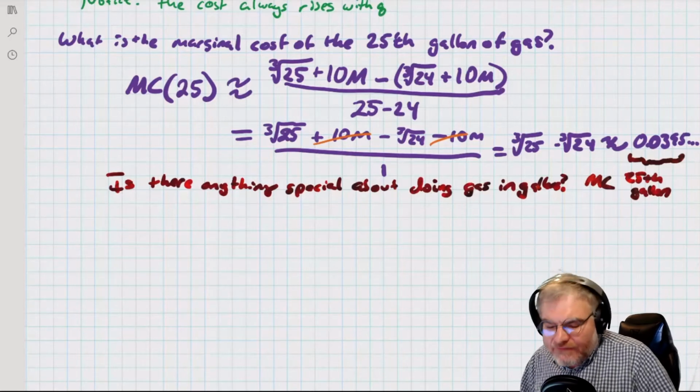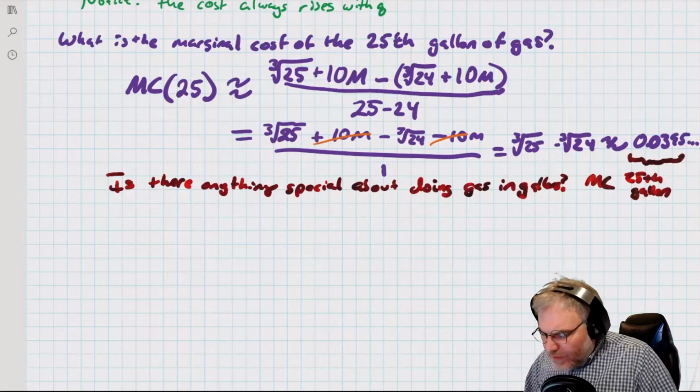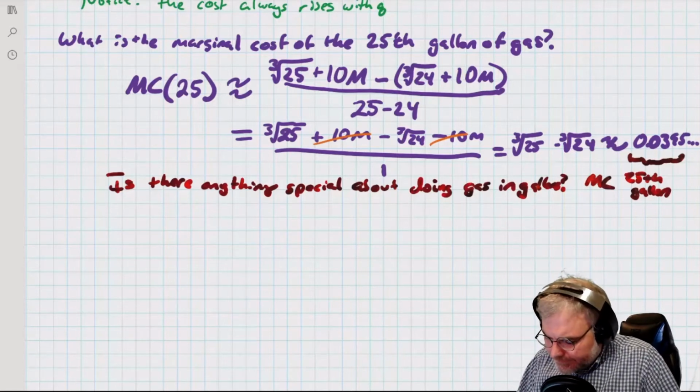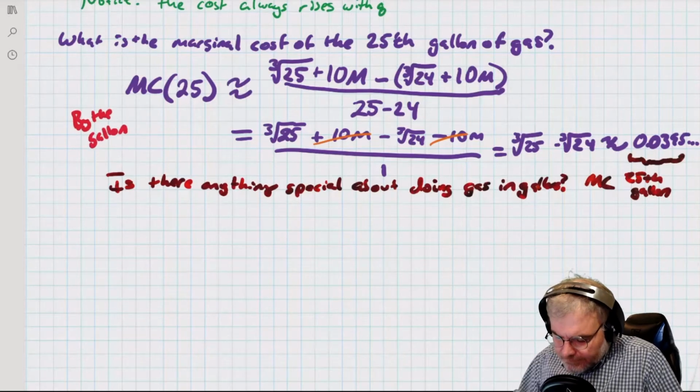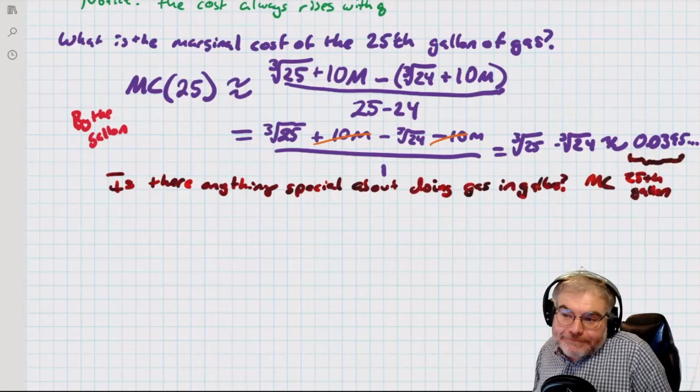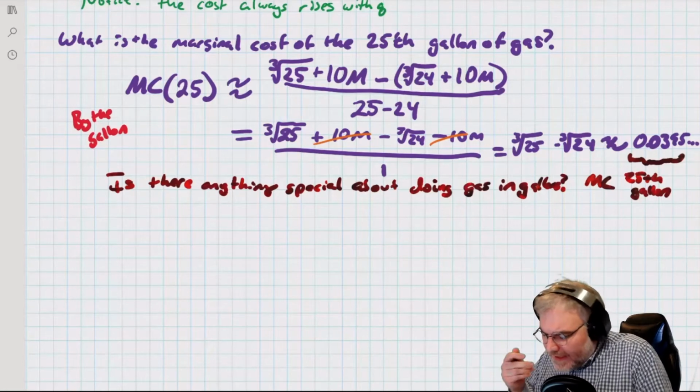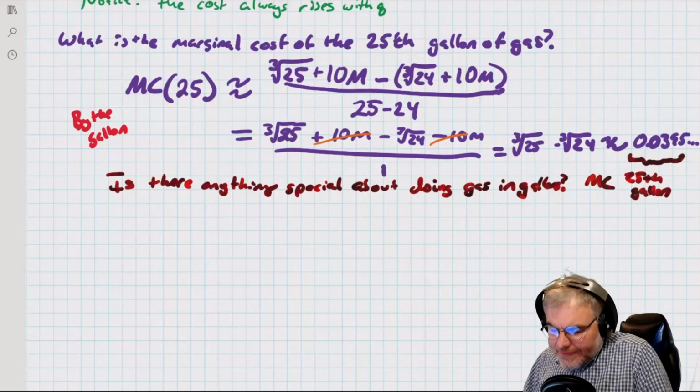But there's nothing really special about it, right? If I did this by the half gallon, what would I get? So let's do it by the half gallon. Or I could have done it by the quart. Okay? But this is by the gallon. Let's do it by the half gallon.